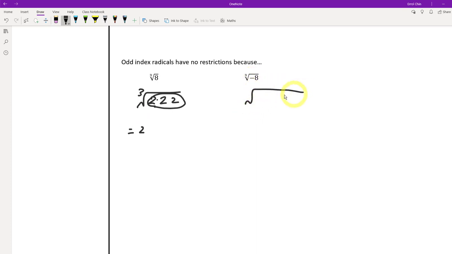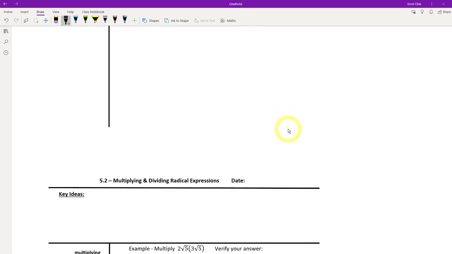Well, negative 8 actually can be written as negative 2 times negative 2 times negative 2. Do you have 3 of a kind? Absolutely. So notice that in this case, when the index is odd, you can have an answer that's either positive or negative. So when odd indices, there are no restrictions. And hopefully that makes sense.